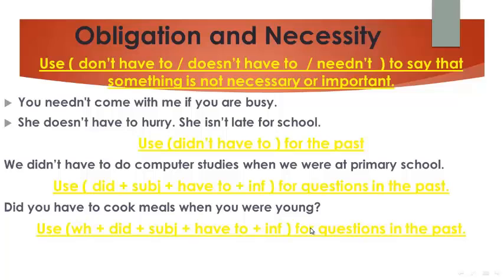For example, what did they have to eat? What is the question word, did plus the subject they, plus have to, plus the infinitive eat. What did they have to eat?